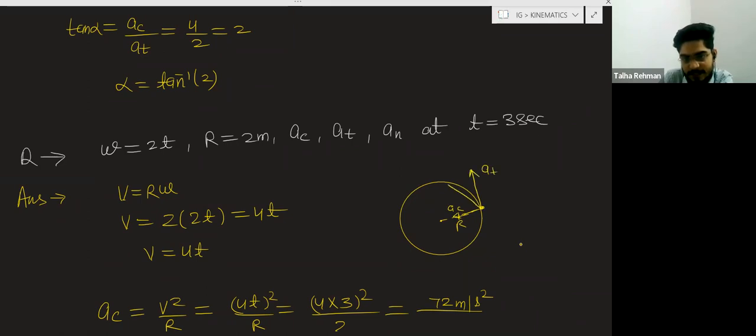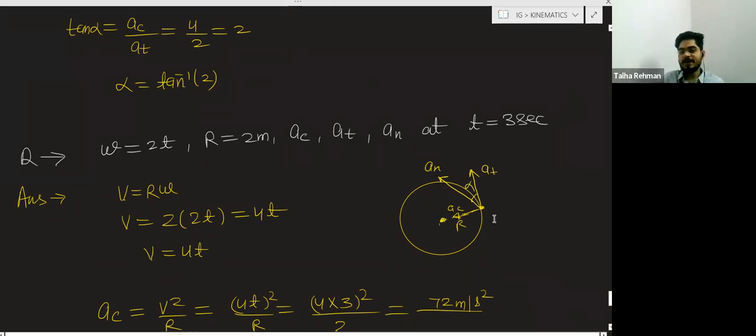So net acceleration will be something like this. Okay, and this will be your alpha. What is alpha? Alpha is the angle between the net acceleration and the tangential acceleration. You can find the angle between the net acceleration and the centripetal acceleration by 90 minus alpha.